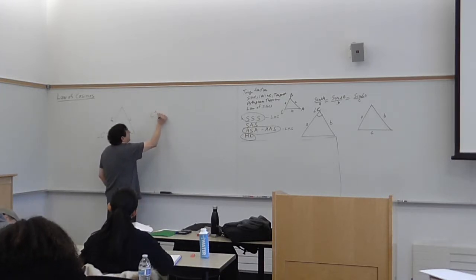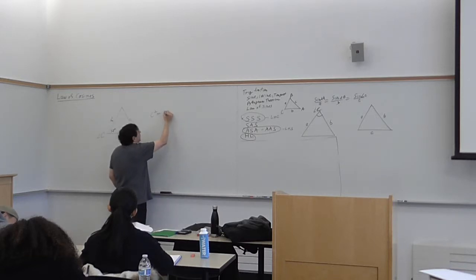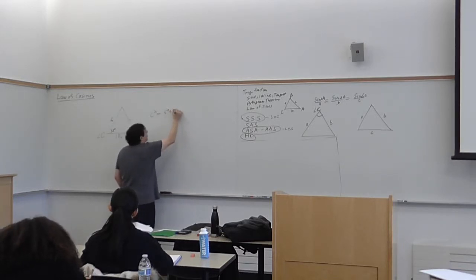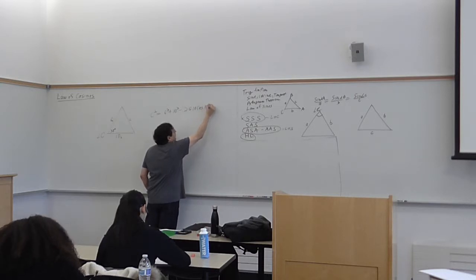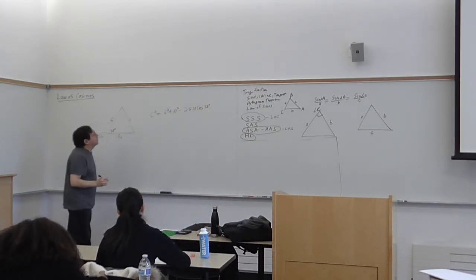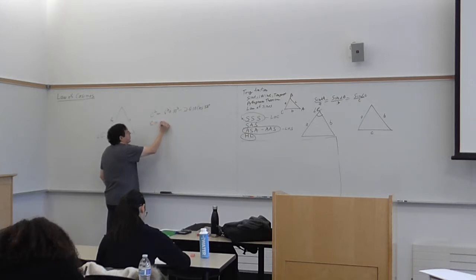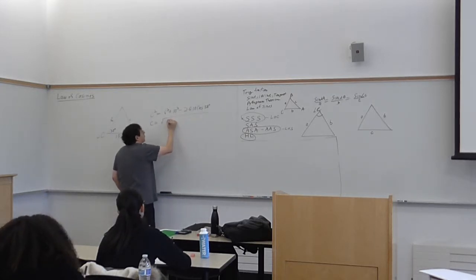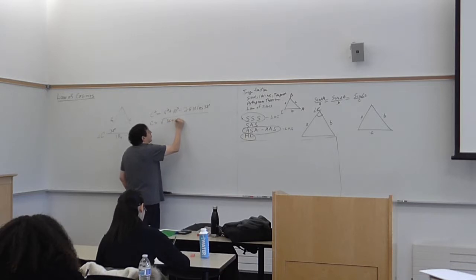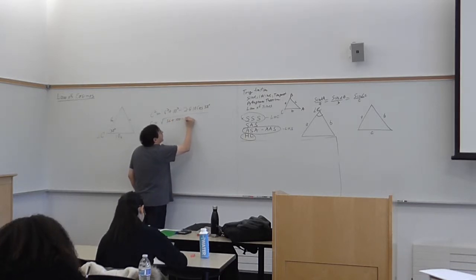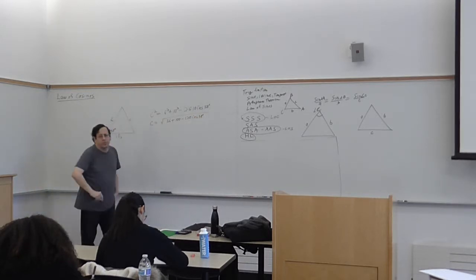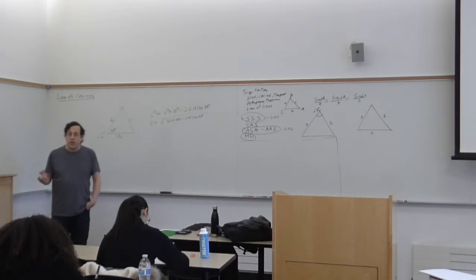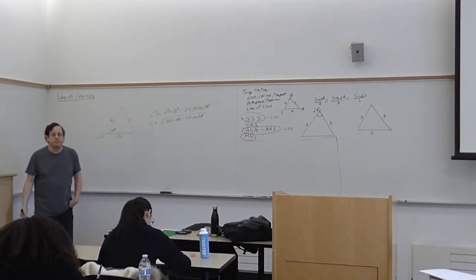I would say c squared equals a squared, which would be 6 squared plus 10 squared minus 2 times 6 times 10 times the cosine of 38 degrees, or c equals square root of 36 plus 100 minus 120 times the cosine of 38 degrees. We know this is going to be positive because we don't have triangles with negative sides.